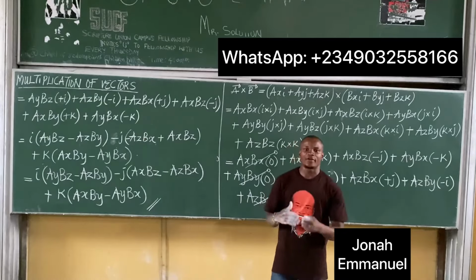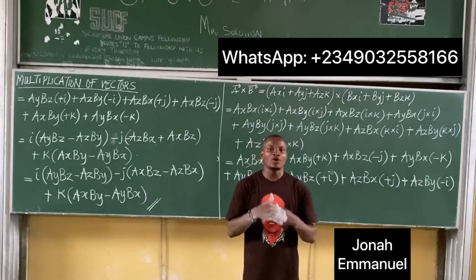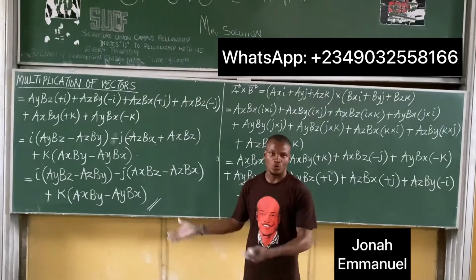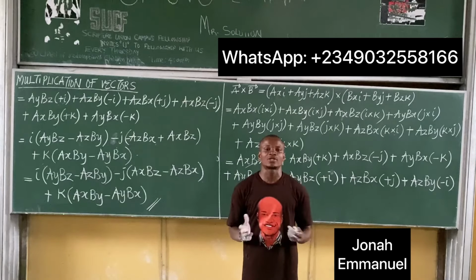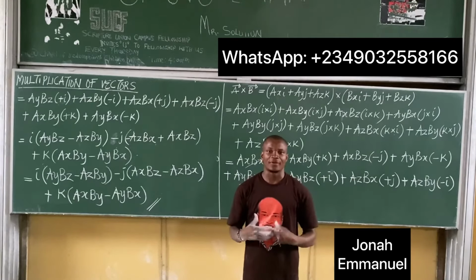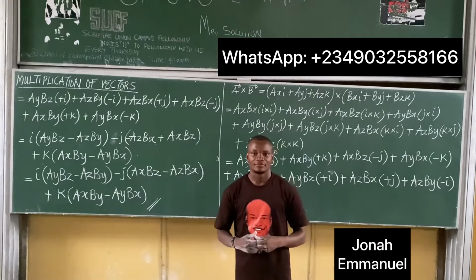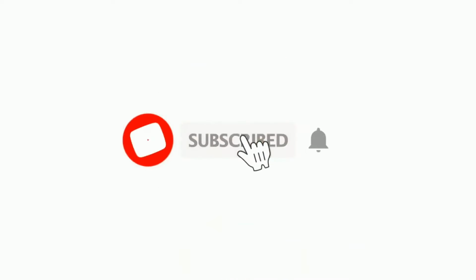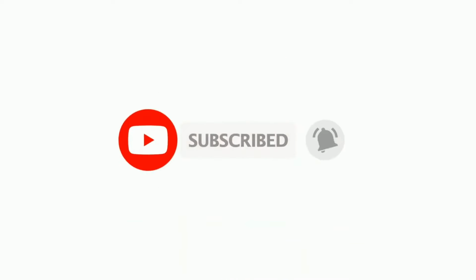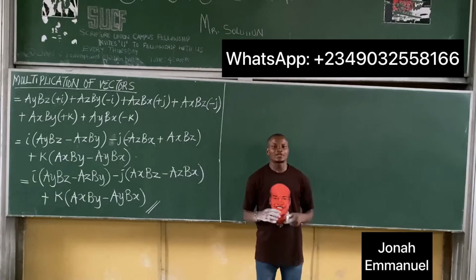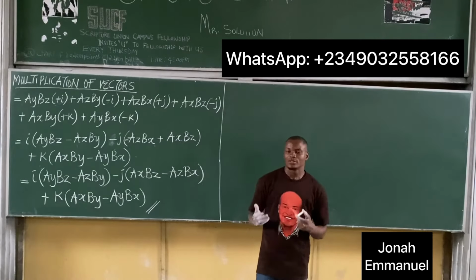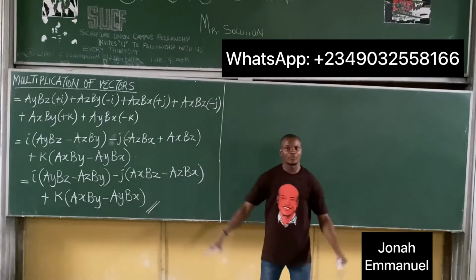Now this thing looks very long. So look at a much shorter approach to this formula using what's called the determinant of a matrix. So let's look at a shorter method of getting this formula without the whole long process.